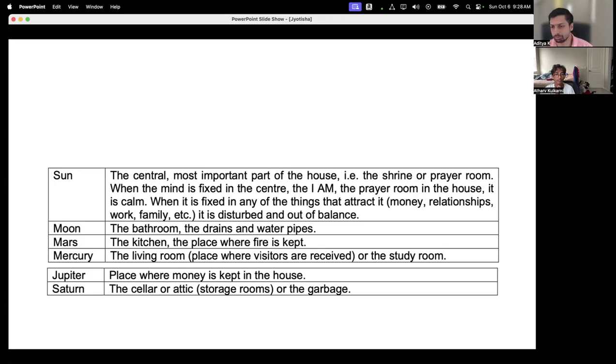Chandra, moon. Mars, when you think of Mars, the first thing you should think of is mother, and then the next thing is water. Because Chandra also denotes water. So the bathroom, the drains, the water pipes, if you have a water tank on top of the house, if you have a septic tank where all the waste goes, all of that is governed by Chandra. So let's say somebody is not vibrating well to Chandra, what will happen?